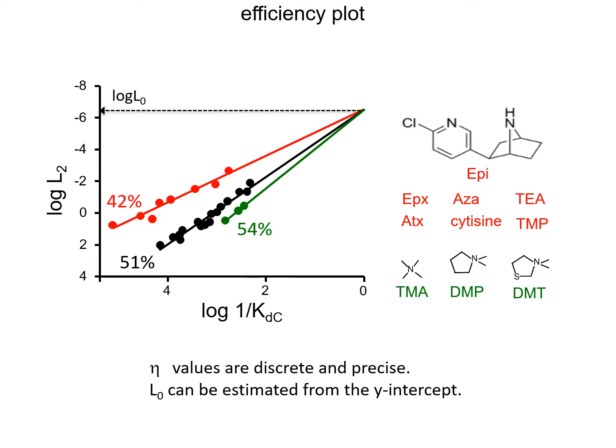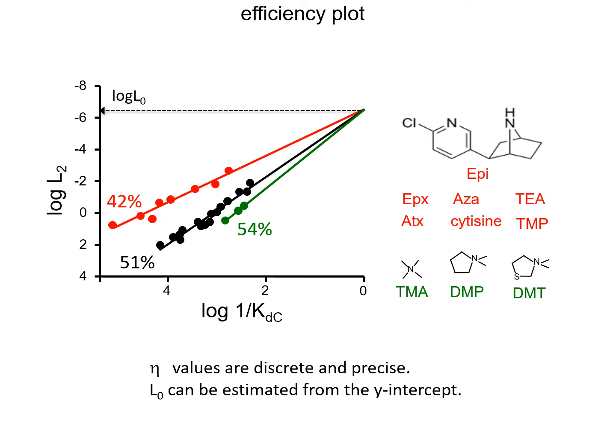Now these 3 lines were fitted independently, and they all project to the same L0, as you would expect if L0 was the unliganded equilibrium constant. And that value of L0 is the same as estimated by other methods described in the first video lecture.